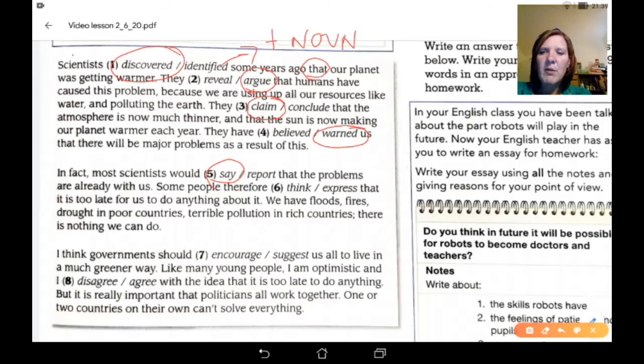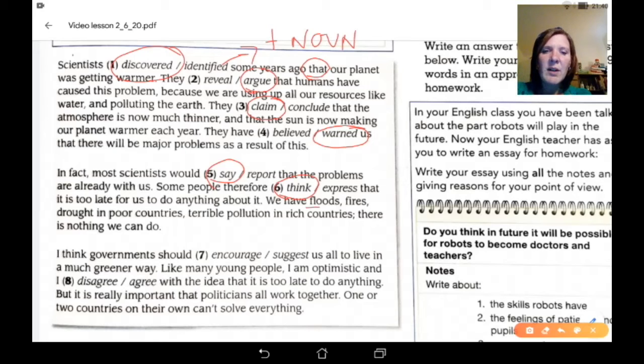Some people, therefore, think, okay, you wouldn't use that after express, okay? Again, you would normally use a noun, express an opinion that, okay, but not express that. I'm just going to read the next line for the vocabulary.